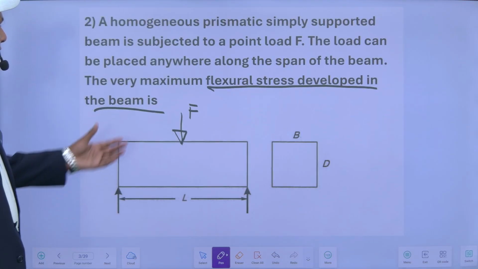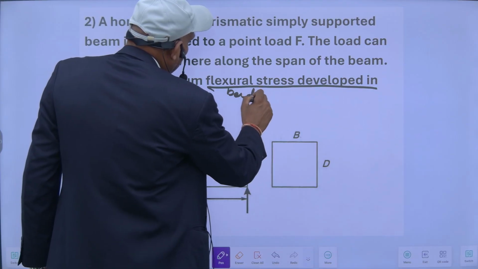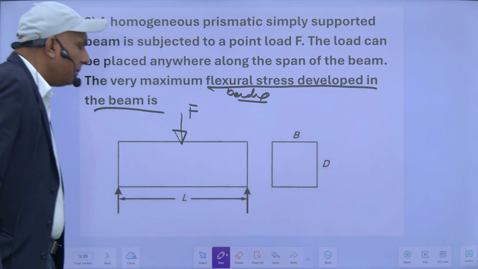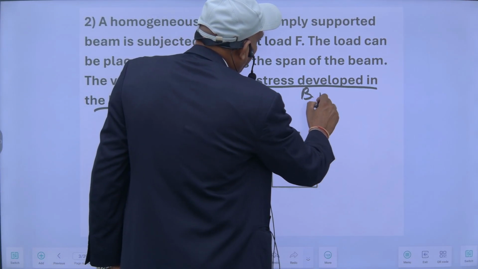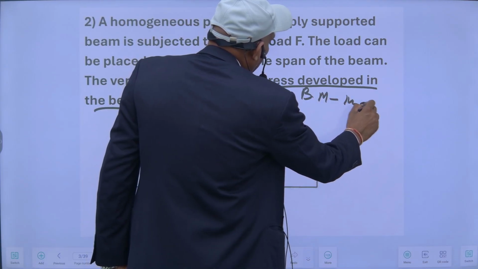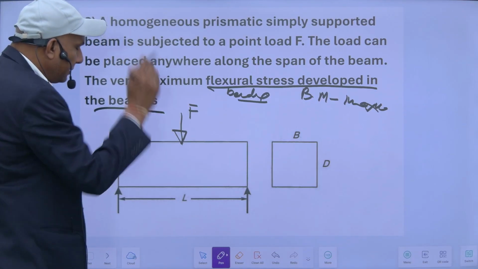So maximum flexure stress means maximum bending stress. And maximum bending stress will be developed when the bending moment is maximum, and bending moment will be maximum when this load F is applied at the center.